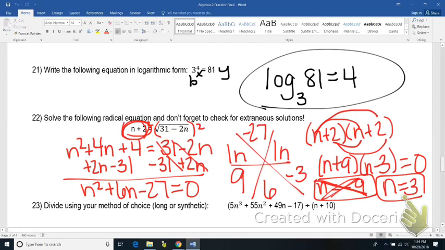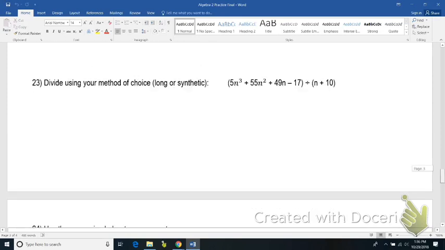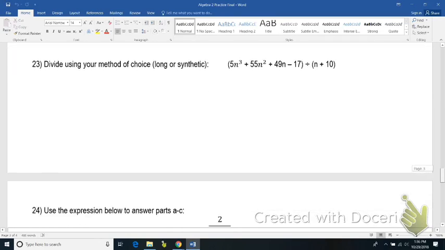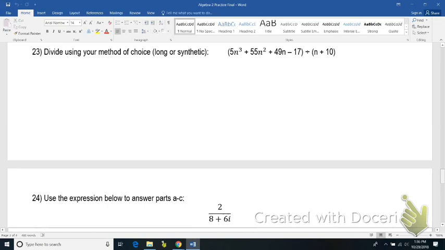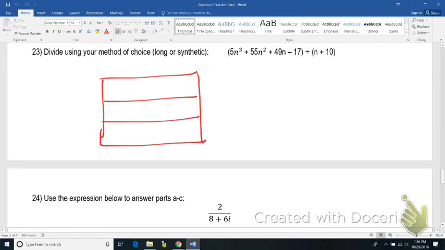All right, then we have division. Are most of you using synthetic? Yep. Okay, so for this problem here, you could do either method. I just always use synthetic. Remember, 3 rows, number of columns is based on 1, 2, 3, 4 terms.